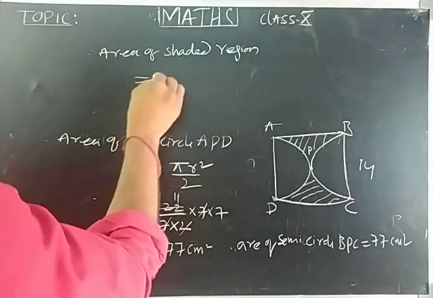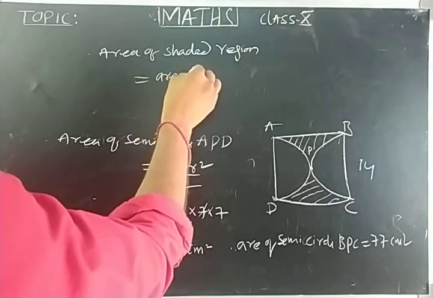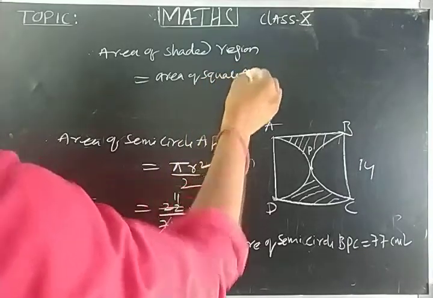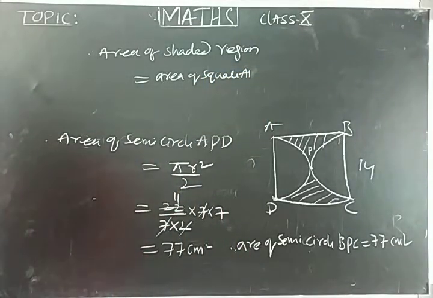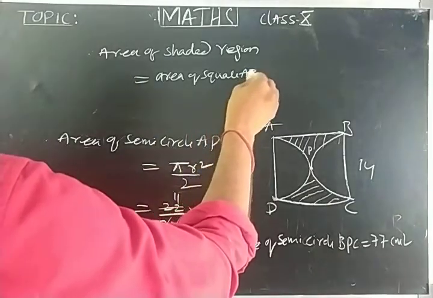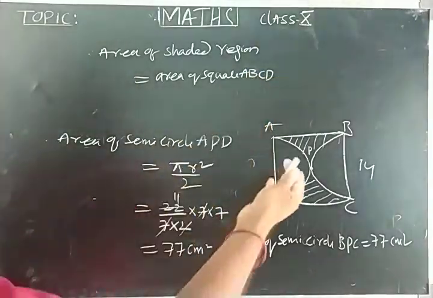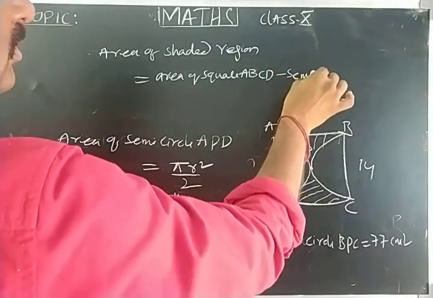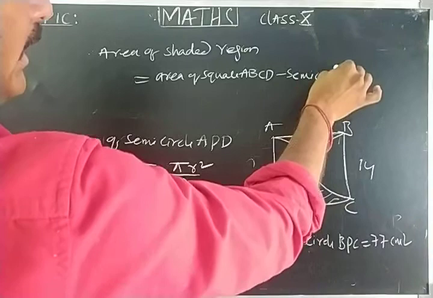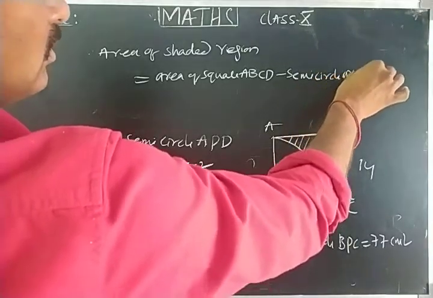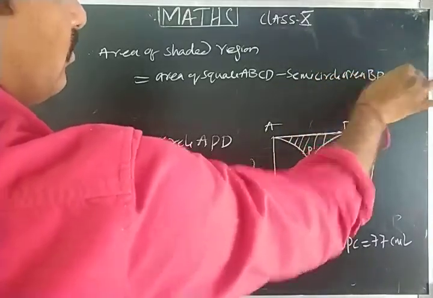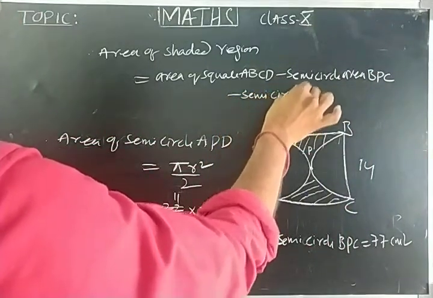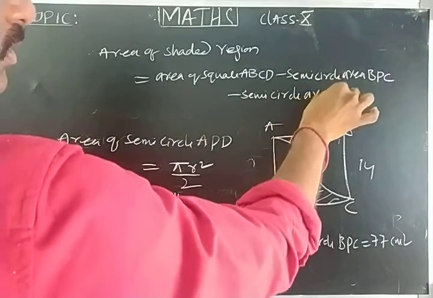Therefore area of shaded region: how to find? From area of square ABCD, subtract semicircle area BPC, minus semicircle area APD.